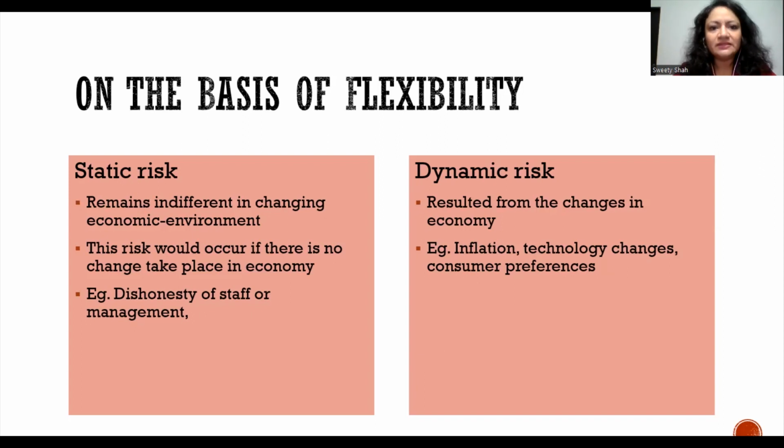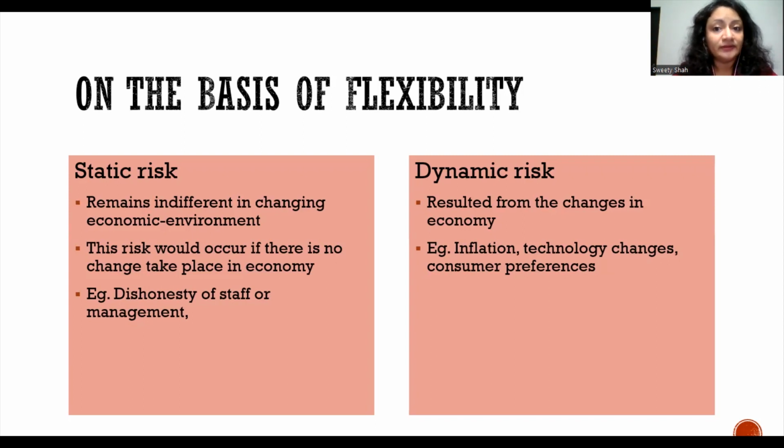Static risk remains unchanged in a changing economic environment. This risk would certainly occur even if no change takes place in the economy, for example, the risk of dishonesty of employees or some perils.